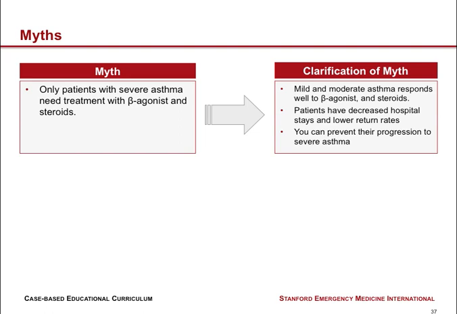And these patients benefit because they have decreased hospital stays and lower return rates. You can prevent their disease progression to severe asthma with these easy medications. So it sounds like you're saying that every patient with asthma and wheezing that presents should be treated with steroids and inhaled beta agonists. I firmly believe that, yes.